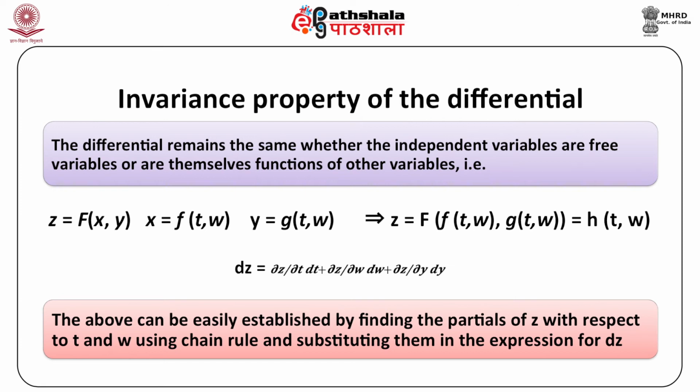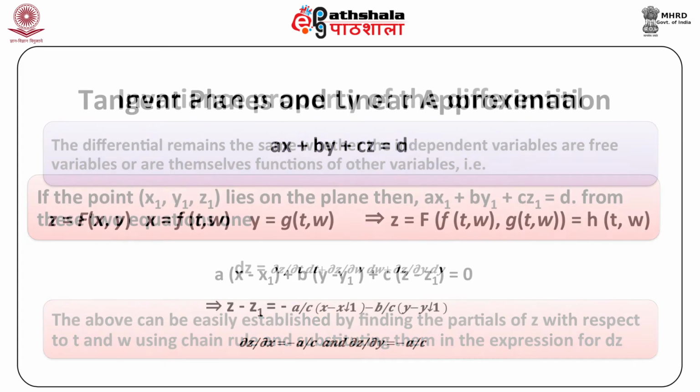The above can be easily established by finding the partials of z with respect to t and w using chain rule and substituting them in the expression for dz.